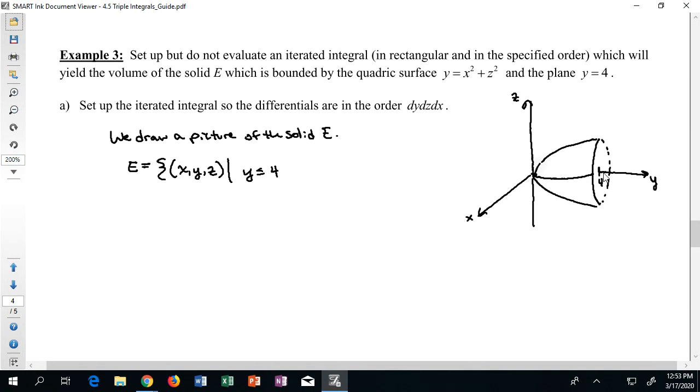If they can bump into this circular side at 4, how far back can they go? What do they bump into on the back edge? Well, they're going to bump into this wall, right? Depending on how high or low they are, they're going to hit that edge. So I can also say that my y has to be greater than or equal to x squared plus z squared. Okay, so I have to have something like this be true.